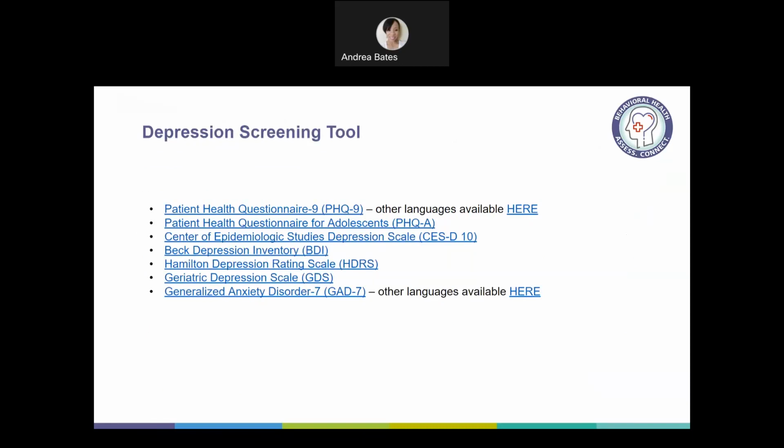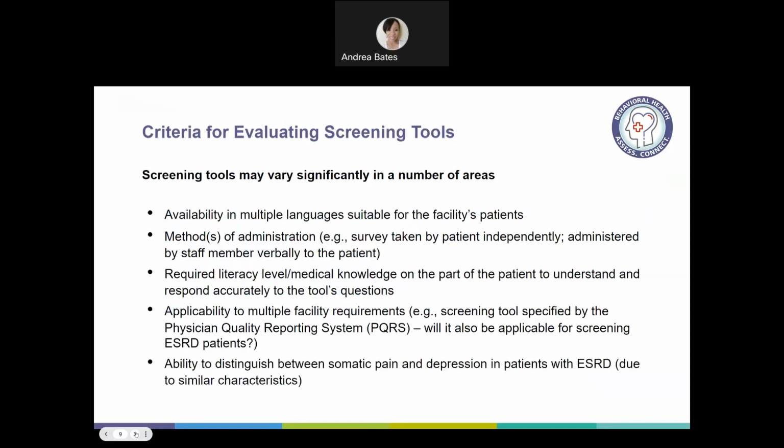And I've also included the PHQ-A, which is for adolescents, the CES-D10, or Center of Epidemiologic Studies, the Beck Depression Inventory, the Hamilton Depression Rating Scale, the Geriatric Depression Scale, and the Generalized Anxiety Disorder. Some of them also have the other languages that are available, so all these links are active.